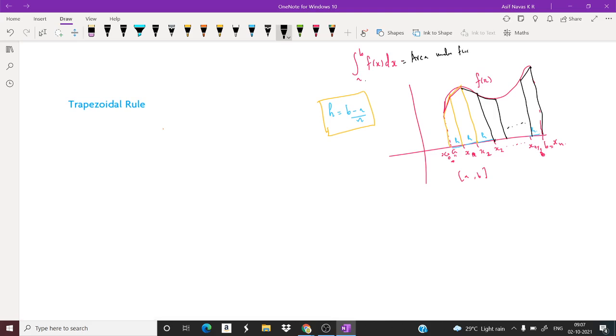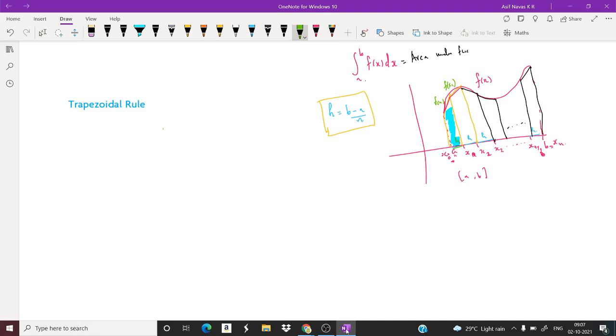Okay, so in order to get the integral value, what we will do is find the area of these trapezoids. So this is the first trapezoid, f of a, f of x1, and this length is h.